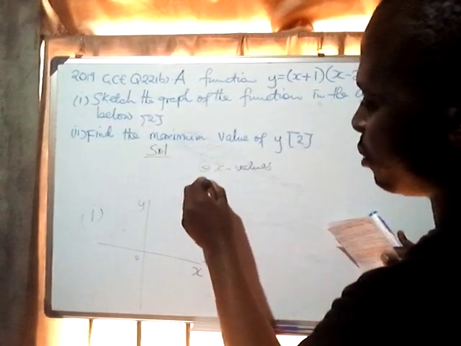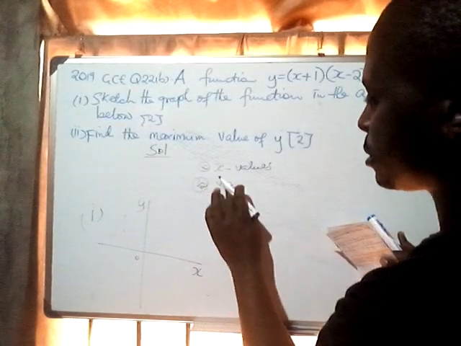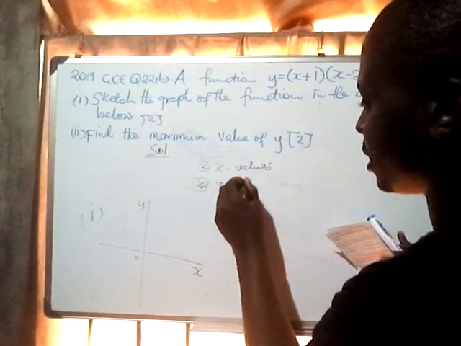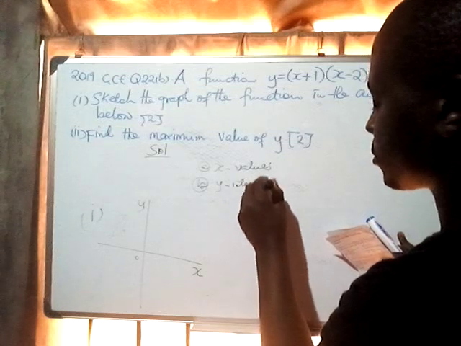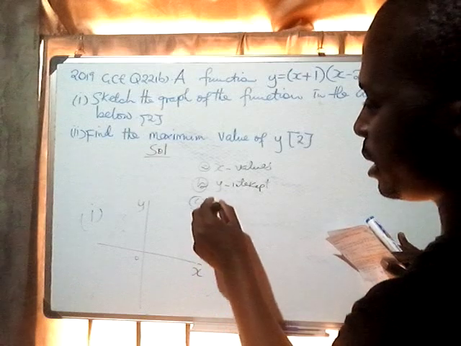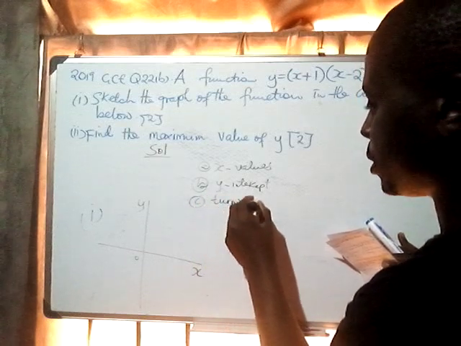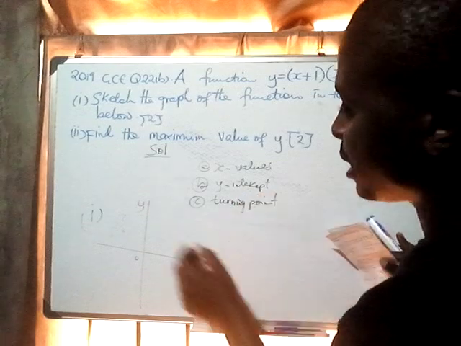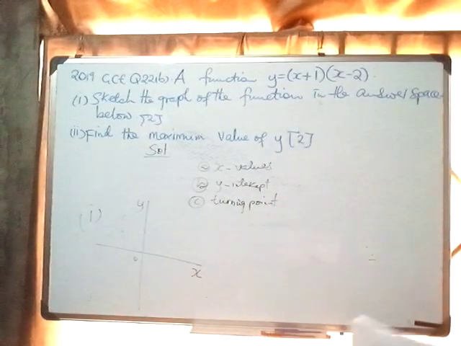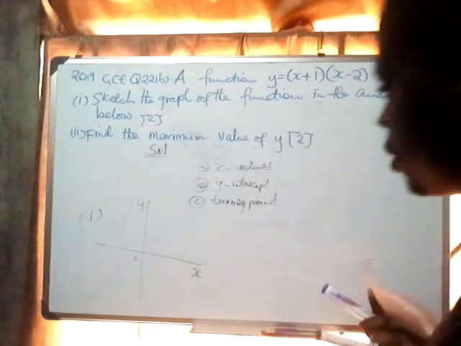Then number B, we have to find the y-intercept. After finding the y-intercept, then C, we have to find the turning point of the graph. Then once we do that, it means that we are done with sketching. Just a matter of now connecting those points.